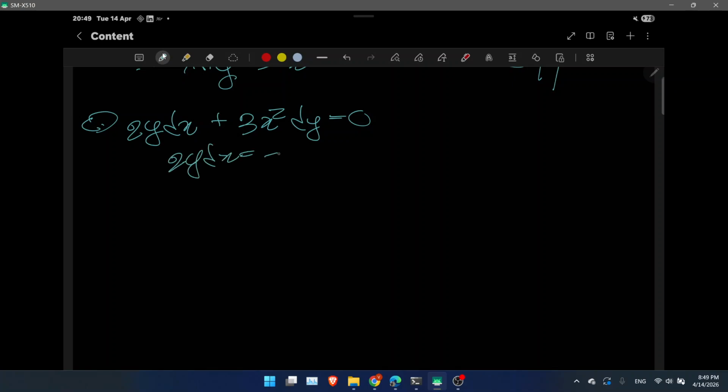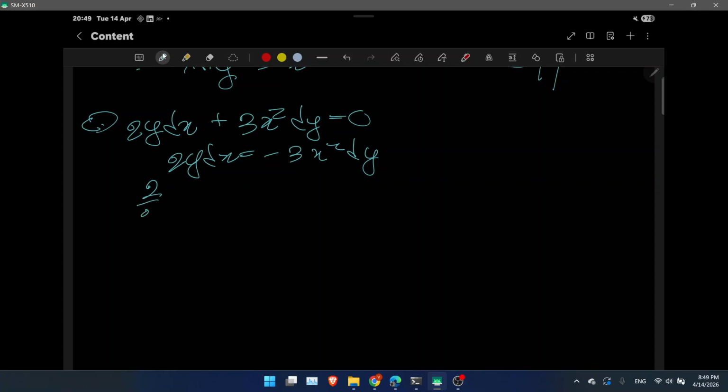So let's move to the next question. These are very easy questions. So it is 2y dx plus 3x squared dy is equal to 0. I can simply write this as 2y dx is equal to minus 3x squared dy, and you can separate variables.